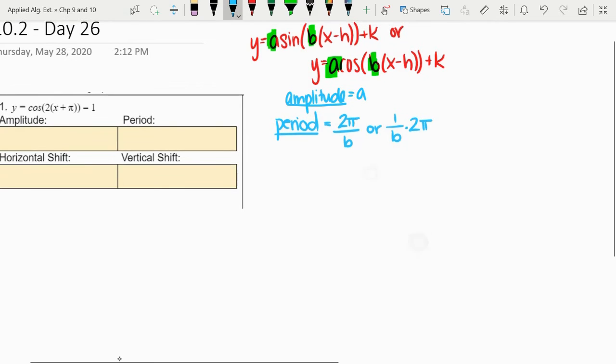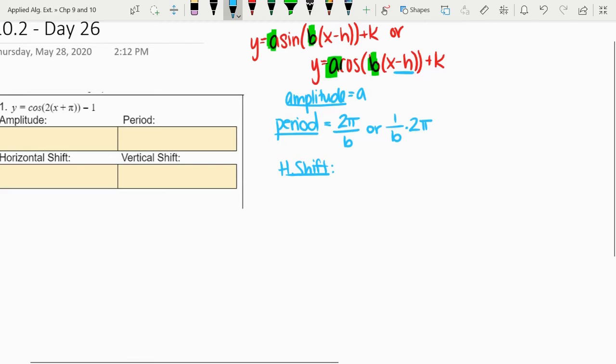The horizontal shift is going to be found right here with H, and you can kind of think like H for horizontal. So it would be a shift of H to the right. Now notice the sign here is minus, so you always have to switch the sign of whatever your equation is.